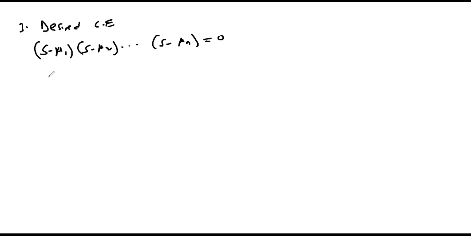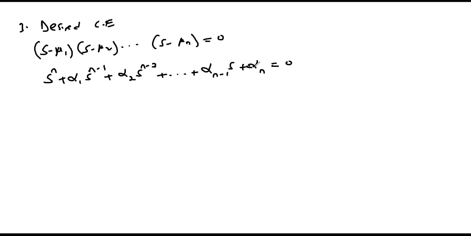This will be a polynomial in S with alpha i as the coefficients: S to the power n plus alpha 1 S to the power n minus 1 plus alpha 2 S to the power n minus 2, all the way up to alpha n minus 1 S plus alpha n equals 0.